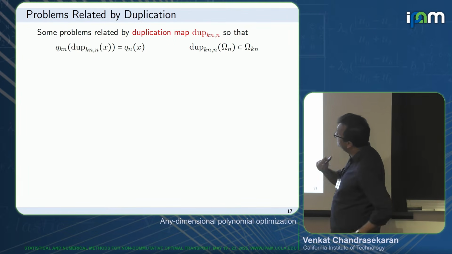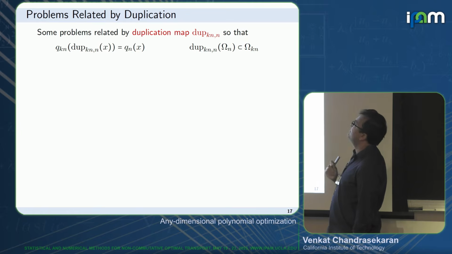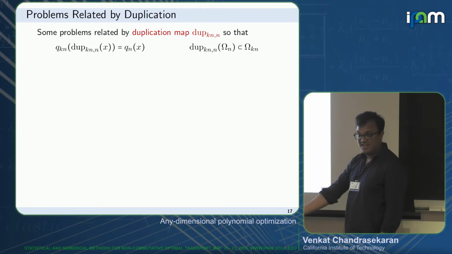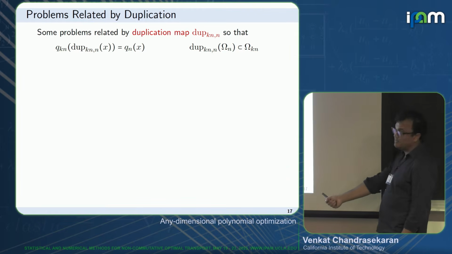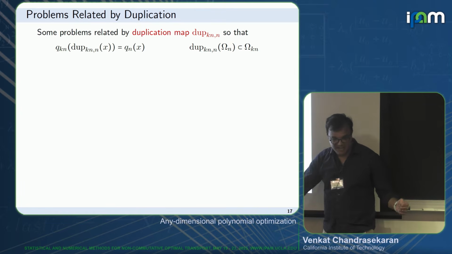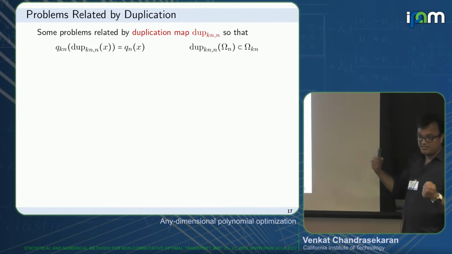As with the monomial means problem, several problems are related by what we call the duplication map. Take a feasible point for the nth problem, duplicate each of the variables k times, and you get a feasible point for the knth problem.